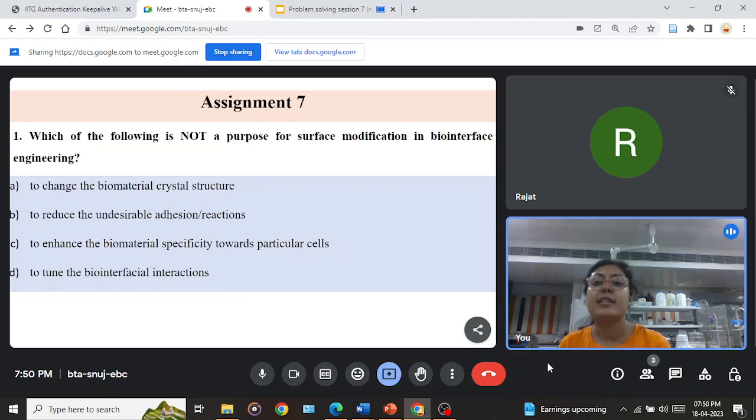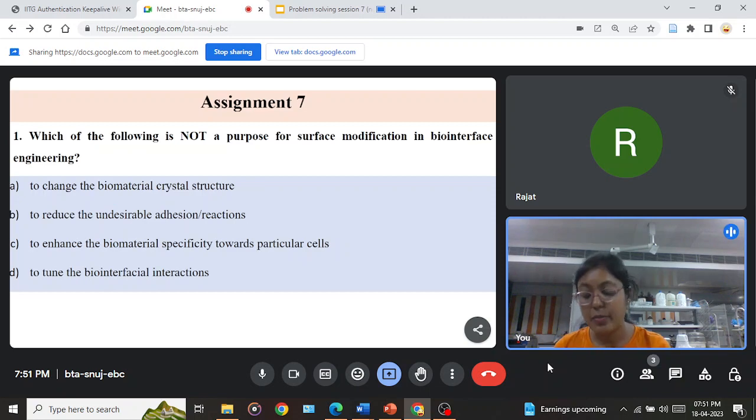So why do we want this surface modification? As you can see in option B, to reduce the undesirable adhesion or reaction. We do not want any pathogens or other microbes to adhere to the biomaterial, so we want to reduce these undesirable adhesion or reactions. Again, option C, to enhance the biomaterial specificity towards particular cells.